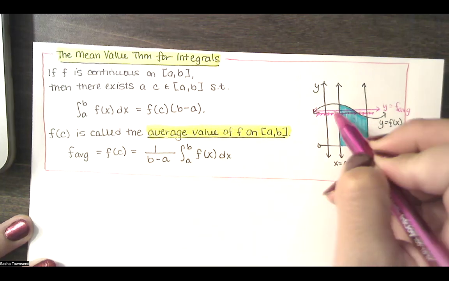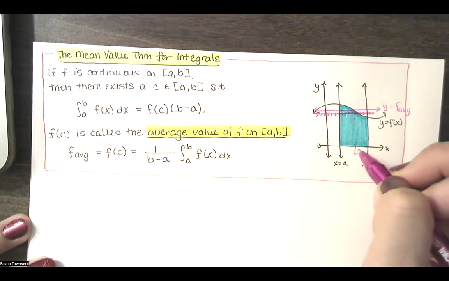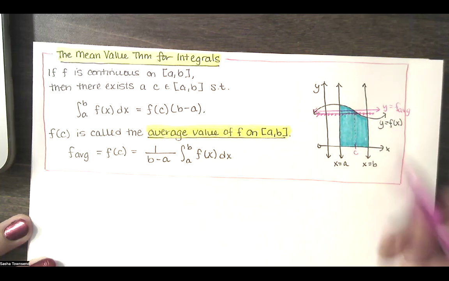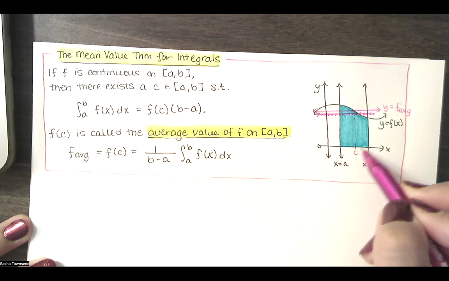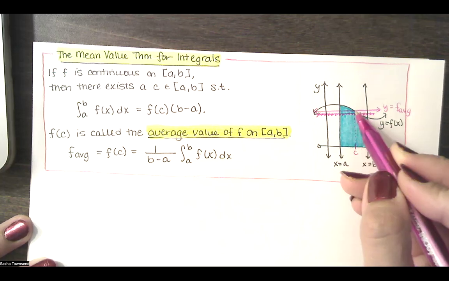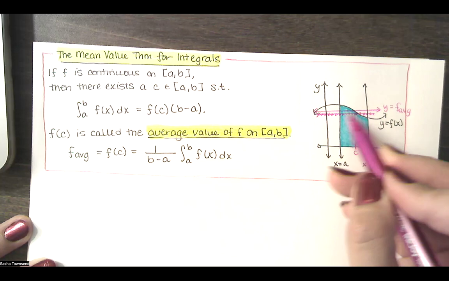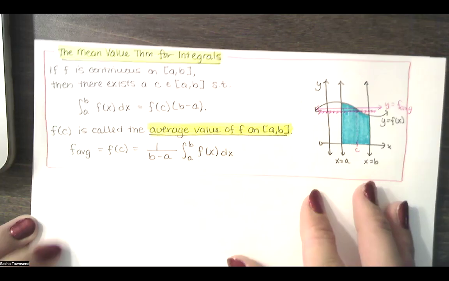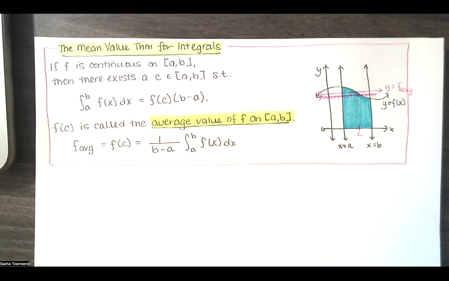And you say, well, I think this is my average value, and the x value that corresponds to that y value is this one. So if I choose to evaluate f at x equals c, that is the y value that we should choose, so that the area of this rectangle equals the area under the curve. So that's what the theorem says.